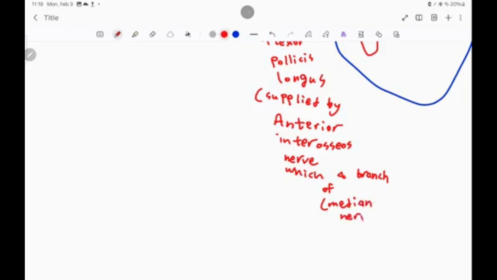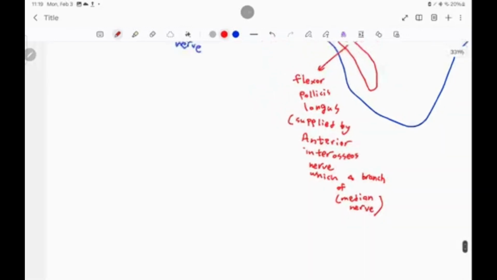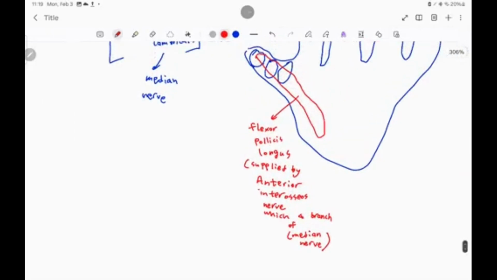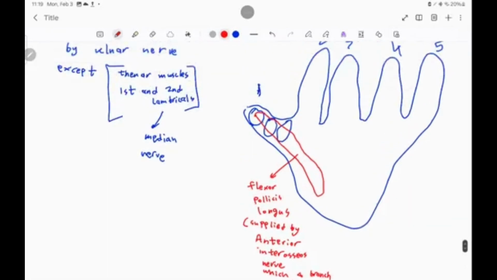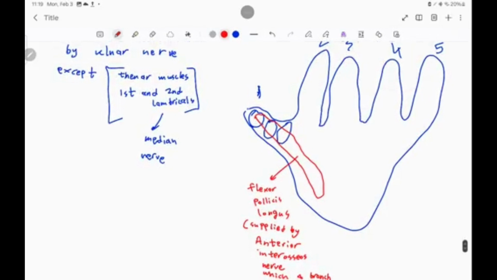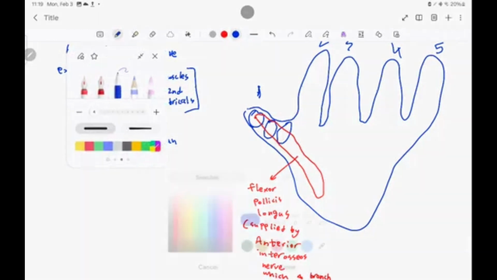I just colored it red because it's not the median nerve itself, it's a branch of it. Okay. I could have colored it blue. It's still the same. Okay. However, the ulnar nerve is green.